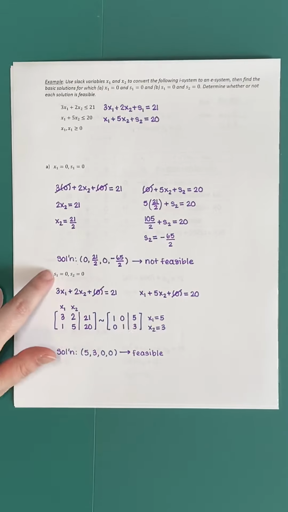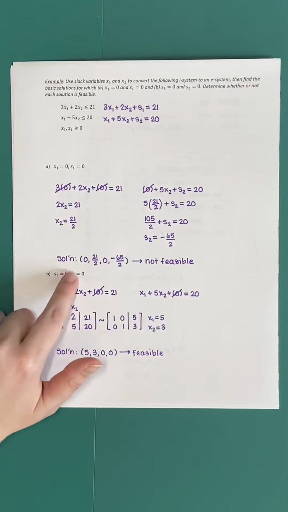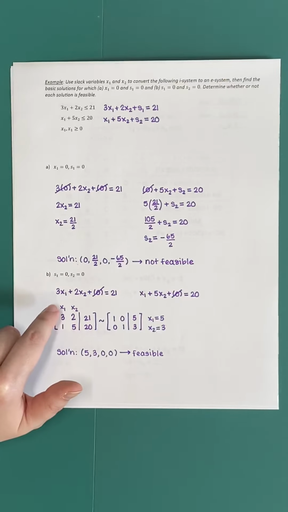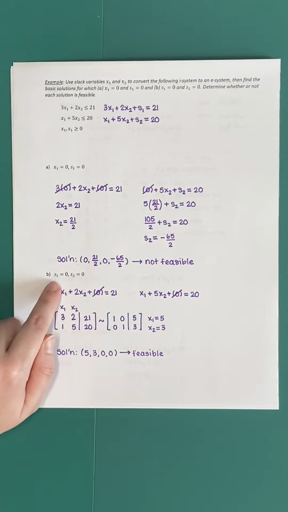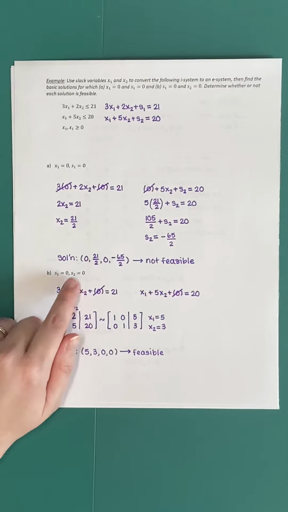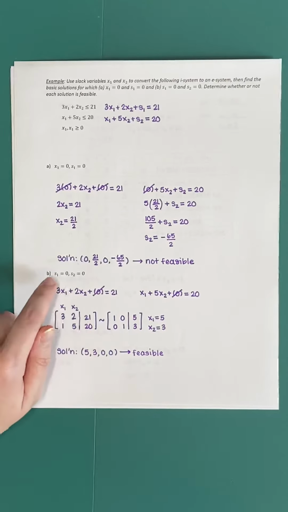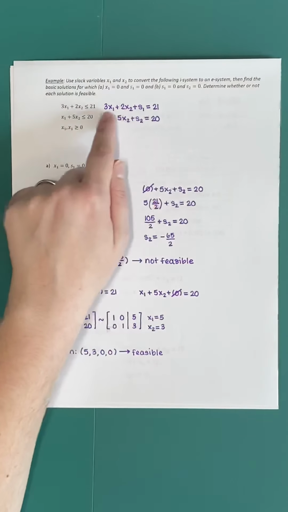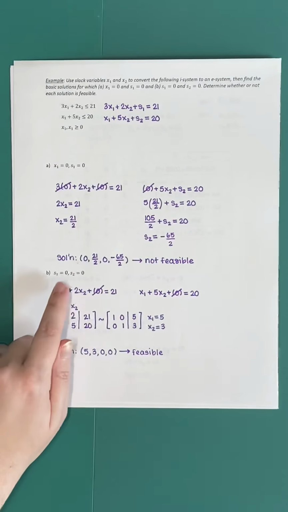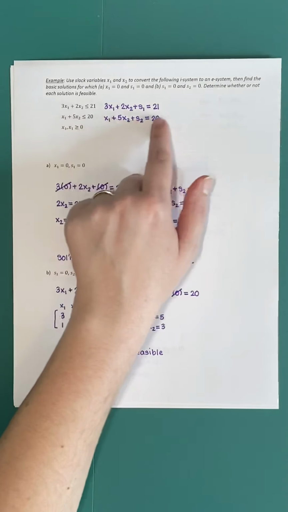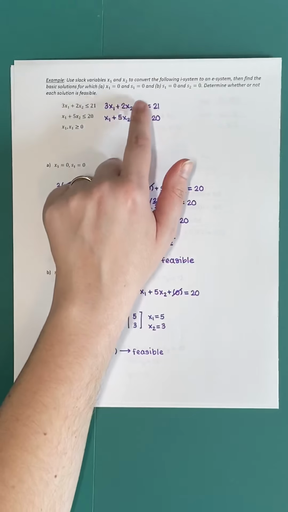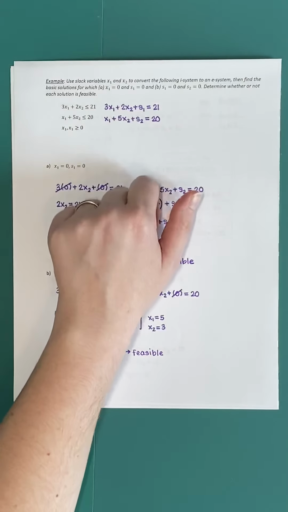Now, based on what we were given, these 2 variables can only each be substituted into one equation. So only one equation contains S1 and only one equation contains S2. S1 corresponds to the first constraint, and S2 corresponds to the second constraint. So I can only substitute each of those values into one of the equations.